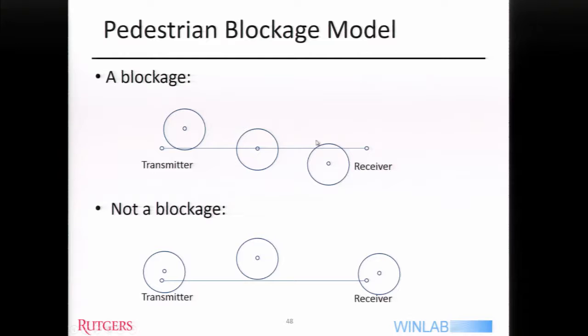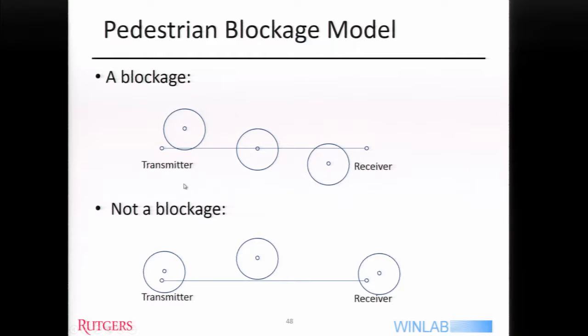In this scenario there is no blockage. We assume that if a person crosses at a transmitter or receiver, they will go underneath it, so it will not block the channel. That is just an assumption for the pedestrian blockage model.